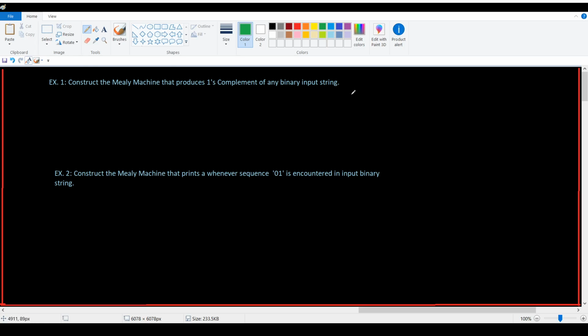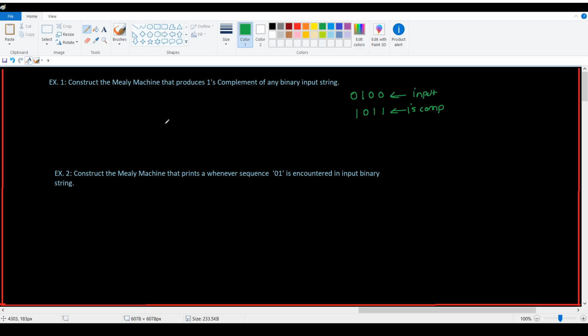Suppose I have a binary number like this. How to find the one's complement of this number? You only have to complement each bit, right? That will be the one's complement of this number. So 1, 0, 1, 1. So this is the one's complement, right? And this is the input.